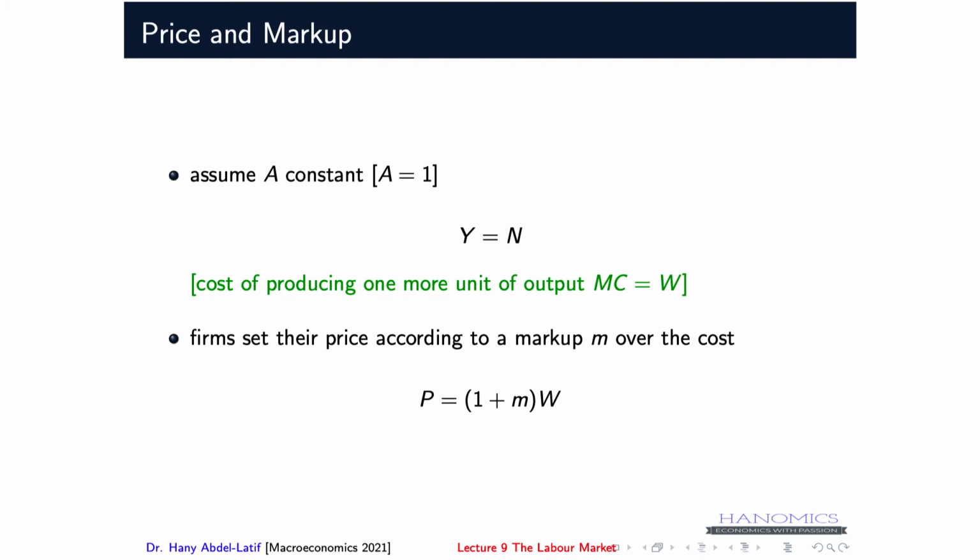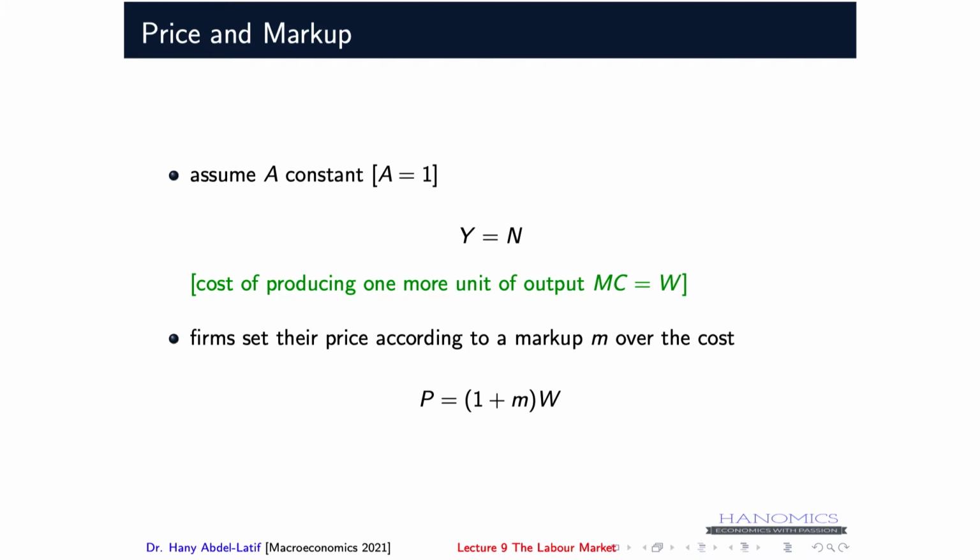Because remember, the production function here depends only on employment, and we assume that A equals 1. So that means one to one. If you want to increase output by 1 unit, you need to increase employment by 1 unit, which means you need to employ 1 more worker. And how much you pay to the additional worker is W. That's the nominal wage. So in that case, the marginal cost, or the cost of producing an extra unit of output, equals the wage level.